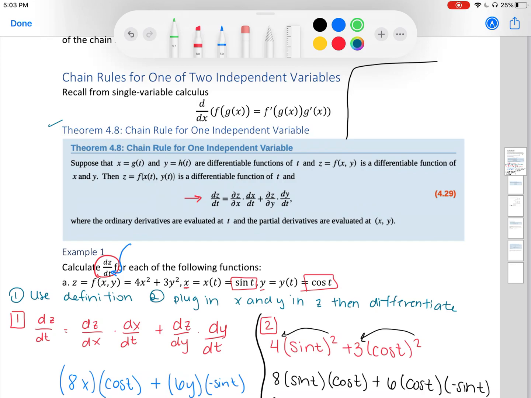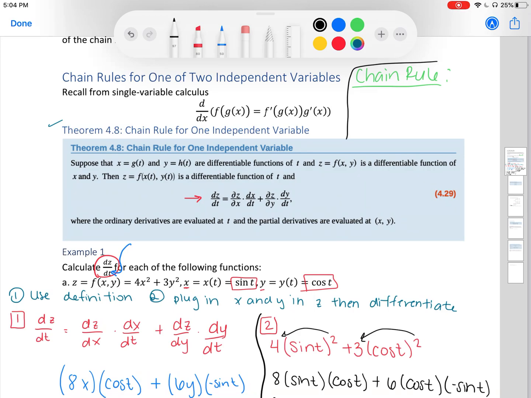In case you don't remember chain rule from single variable calculus, there's kind of this long definition to develop chain rule and kind of develop something that's like U substitution.